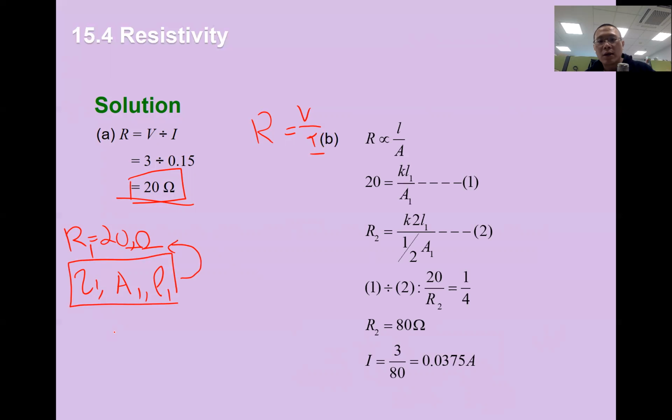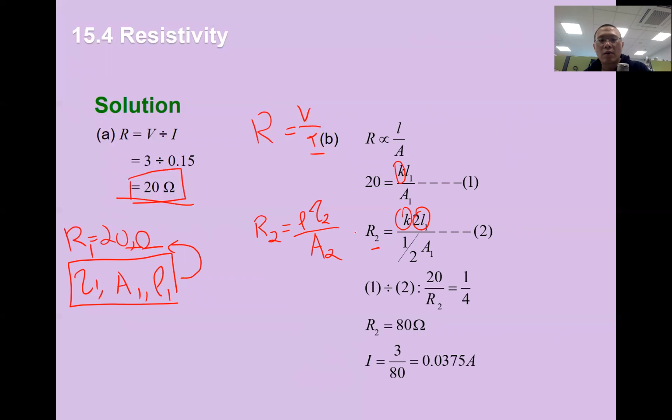Now the question tells you that I have another cable, of the same material, but this is R2, where the length has doubled. So I have R2 equal to rho L2 over A2.